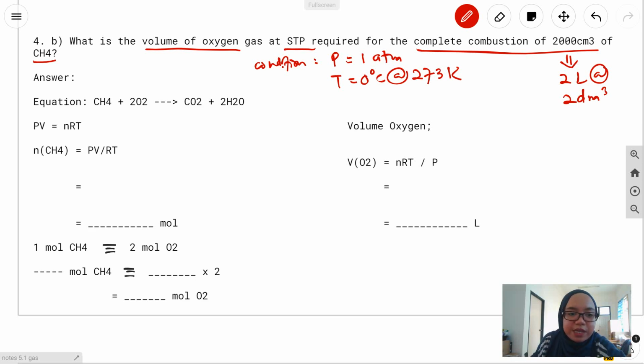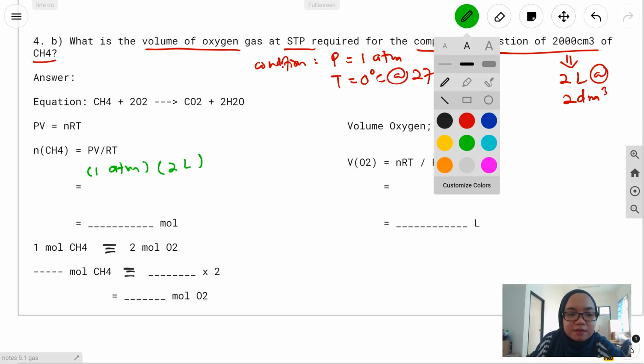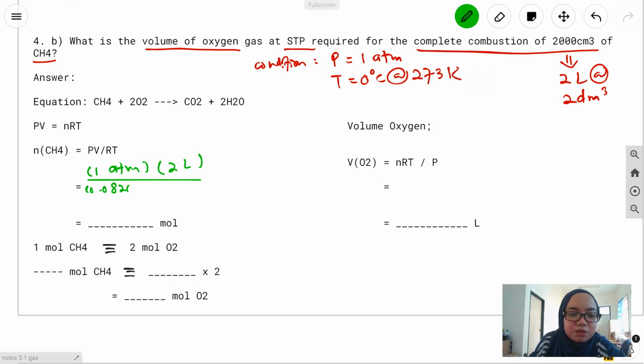So P we got 1 atm. So just substitute P 1 atm. The volume is 2 liter divided by, okay, the R we need to use 0.08206 liter atm per mole per Kelvin times temperature 273 Kelvin.